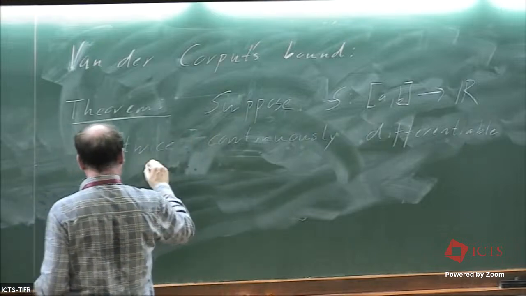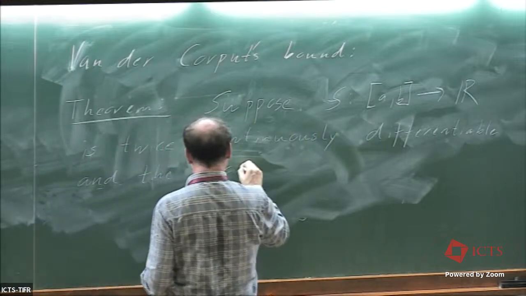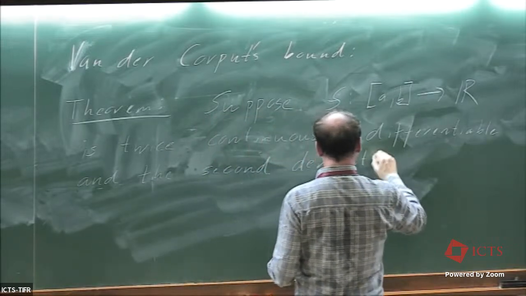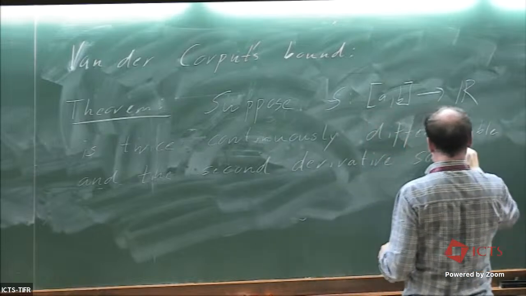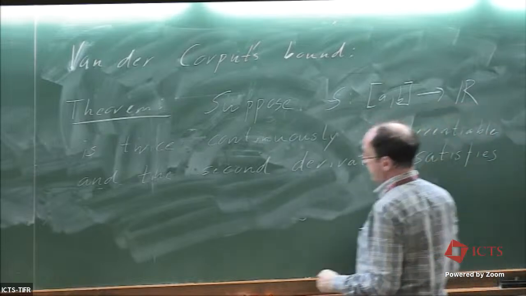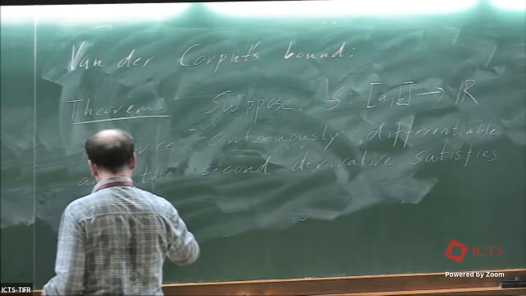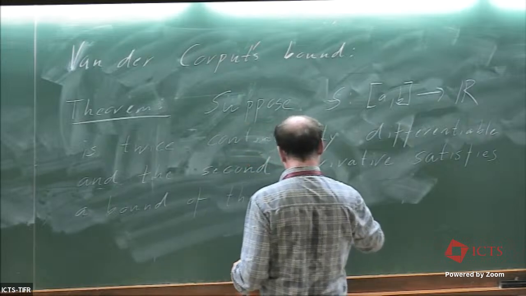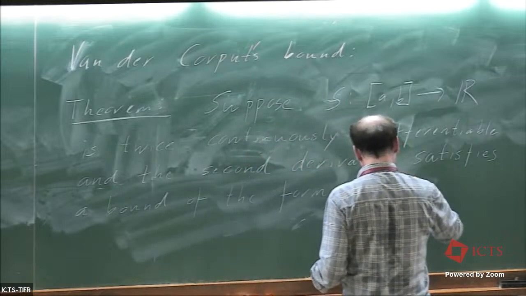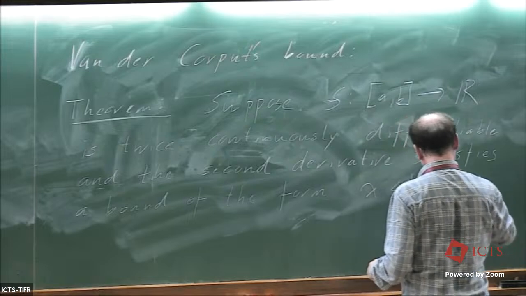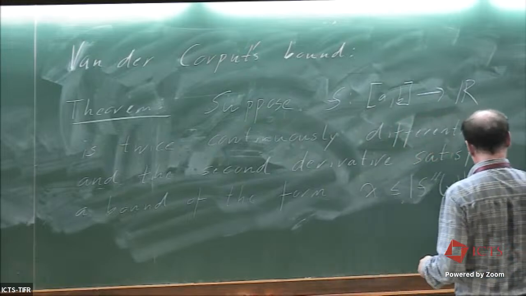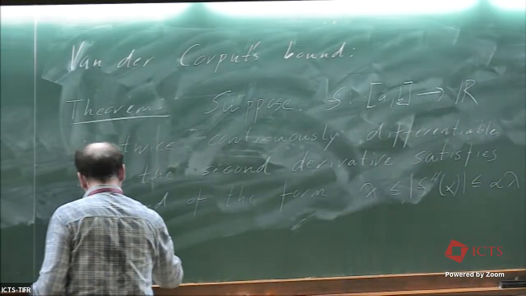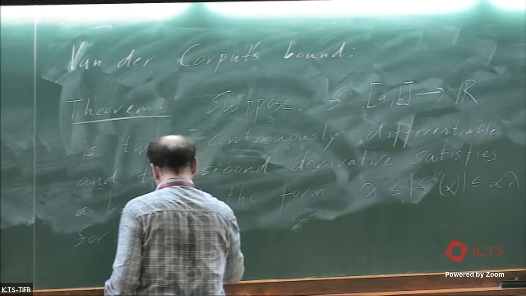And the second derivative, that is f double prime, satisfies a bound of the form lambda less or equal f double prime less or equal alpha lambda for all x in [a, b].